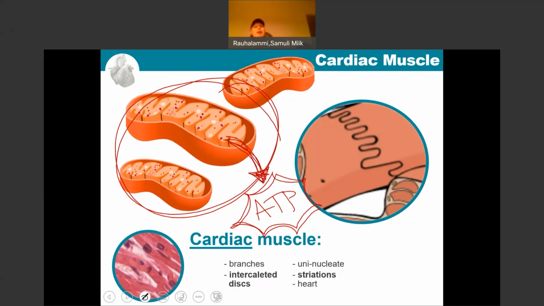You can think of it, heartbeat starts early on after fertilization, and heart stops beating at the end of life. So heart really never gets to rest. So that's why we're making sure that we have this ability to supply a great quantity of ATP.